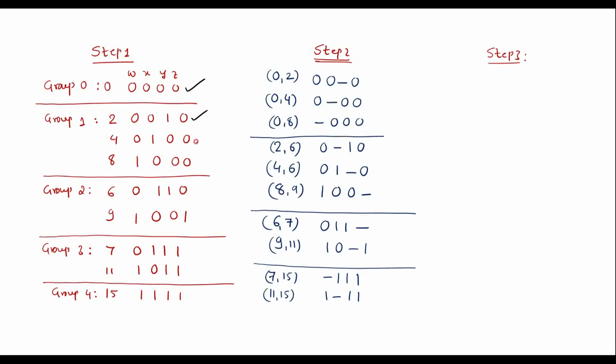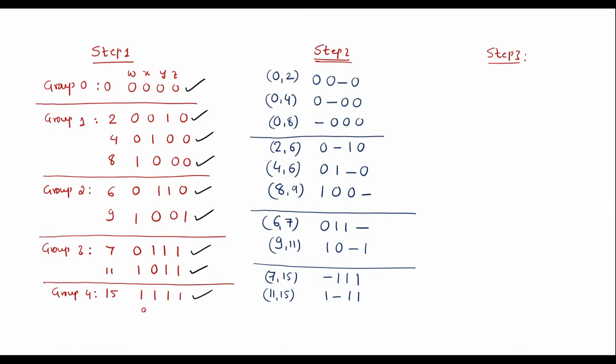Put the check mark. 0 and 8. 2 and 6, 2 is already checked. 4 and 6 is done. 8 and 9, that is 8 is done. 6 and 7, 9 and 11, and 7 and 15. So here we can see that all the minterms are covered in step 2. So this process should be continued again.